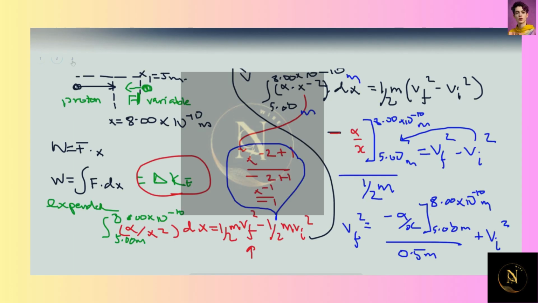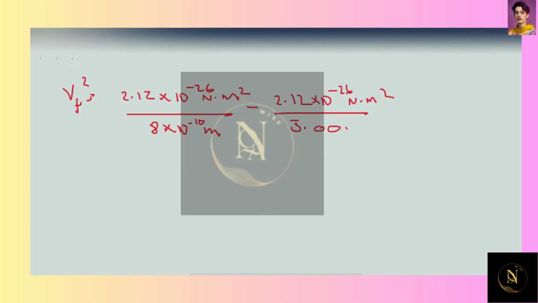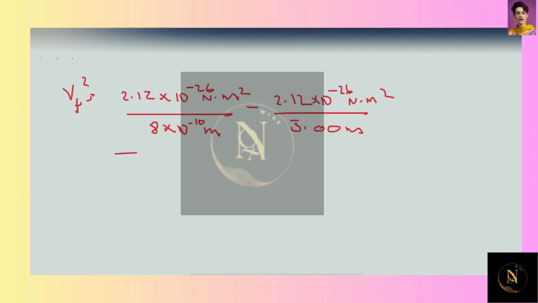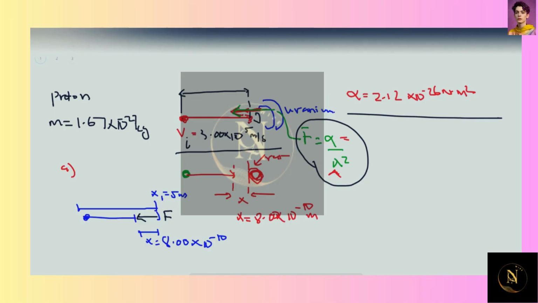The bottom limit is 5. Okay, so we're done with this part. This is the upper part right here. We're done with that part, this one right here. And all of that is divided by 0.5, and the mass, which is 1.67 times 10 to the negative 27.